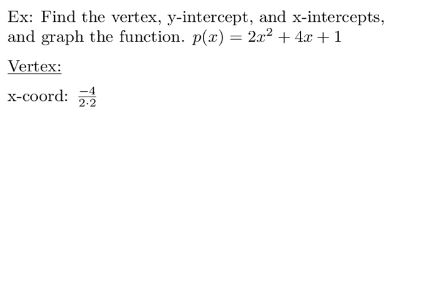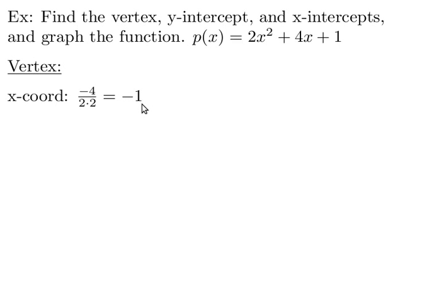That's going to equal just negative 1, because you have negative 4 on top, and then 2 times 2 equals 4 on the bottom, and 4 divided by 4 is 1, so negative 1. So our x-coordinate is going to be negative 1.